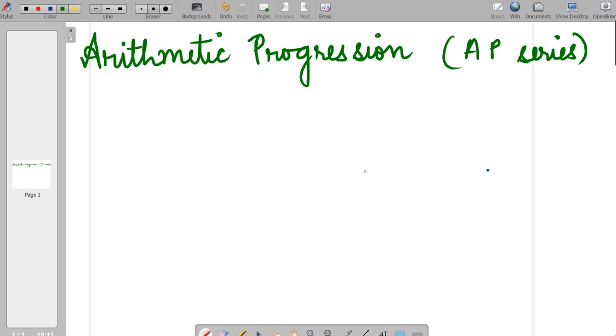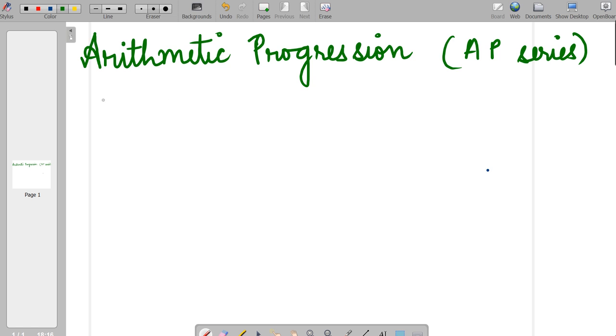So, if you have a set of numbers and they are arranged in a particular order and that order is constant throughout, starting from the first element till the last element, if you try to trace or figure out what the sequence of the numbers suggests, you will find out that they are constant.